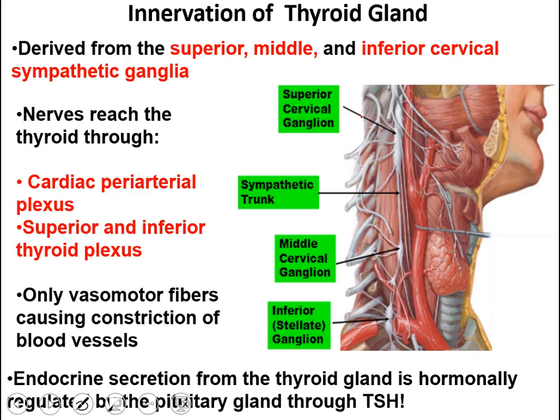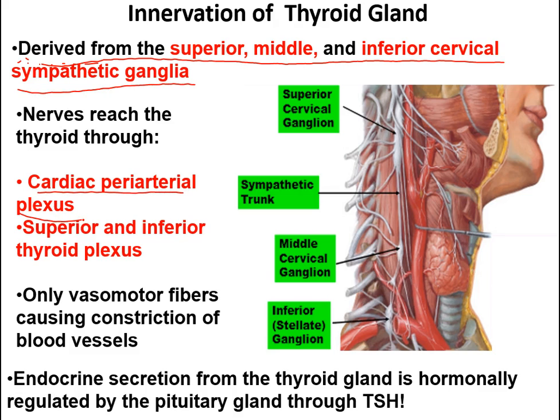The nerves which actually supply thyroid gland are derived from the superior, middle, and inferior cervical sympathetic ganglia. They reach the gland through the cardiac, superior, and inferior thyroid, so-called periarterial plexuses, that accompany thyroid arteries.